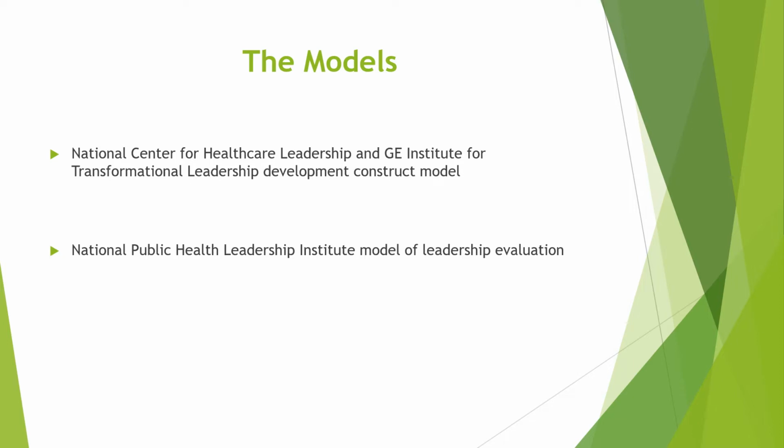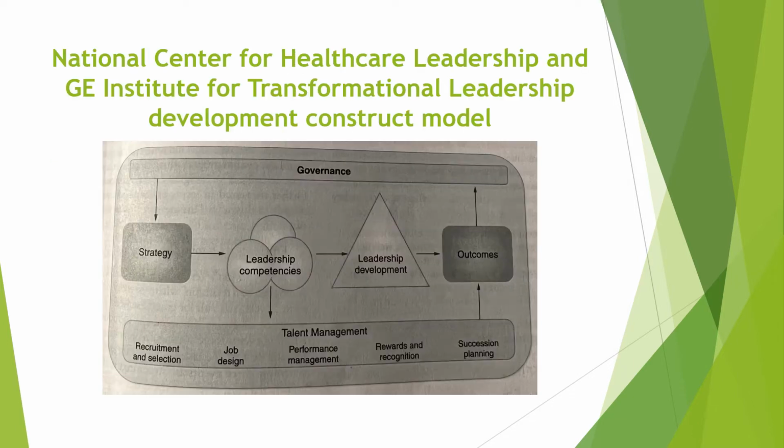So first we're going to start with the National Center for Healthcare Leadership and GE Institute model. So within this model that's pictured here, as you can see, it starts with governance, strategy, then goes to leadership competencies, which then leads to leadership development, and then lastly, your outcomes.